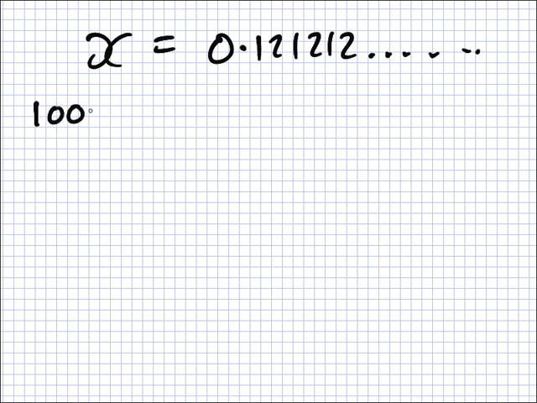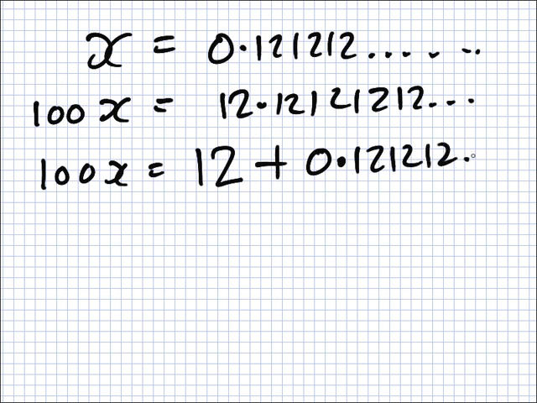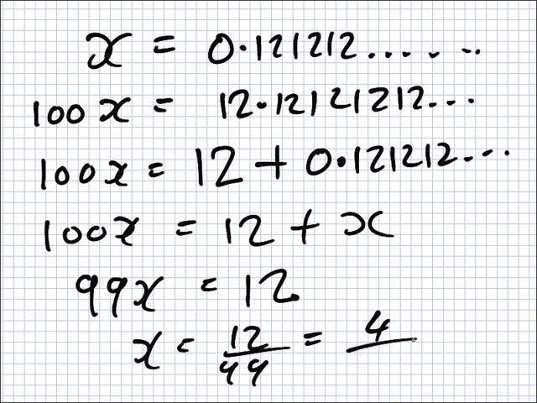So I get 100x equals, and if I multiply this by 100, what do I get? 12.121212, etc. Now what I'll do is split this into 12 plus 0.121212. However, what is 0.121212? At the very beginning we said that's equal to x. So I get 99x equals 12. So x equals 12 over 99, which is 4 over 33.